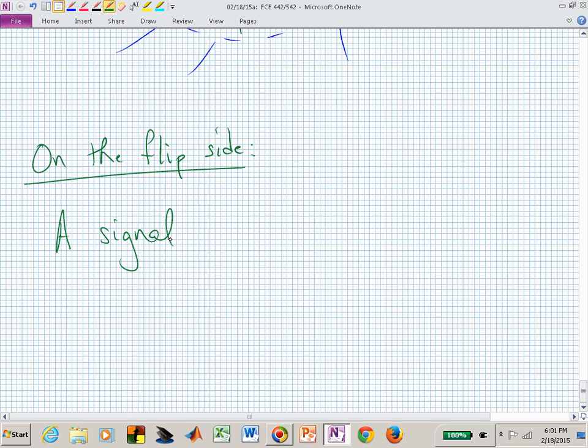We can likewise have a signal, or a signal can be non-causal, which now says that n is negative, the time index.